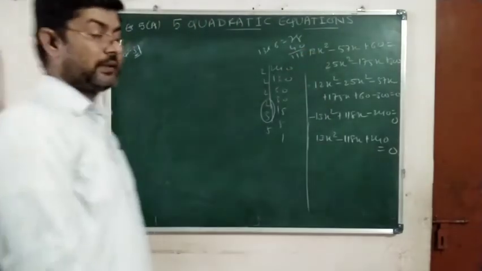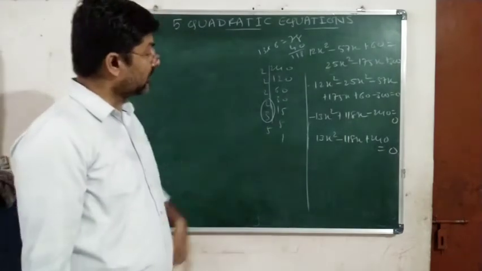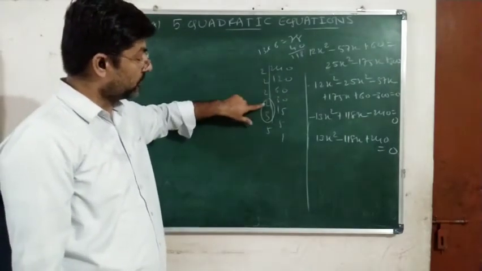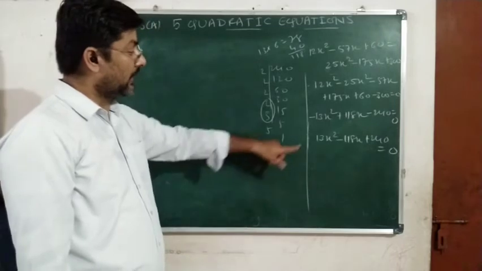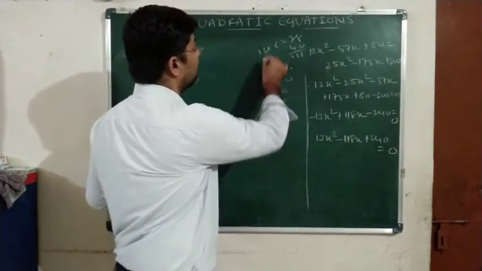So 78 and 40, yes or no? Because on factorization 240 you will get 2 into 2 into 2 into 2 into 3 into 5, and we have 13. One more number 13, so making pairs in this way.